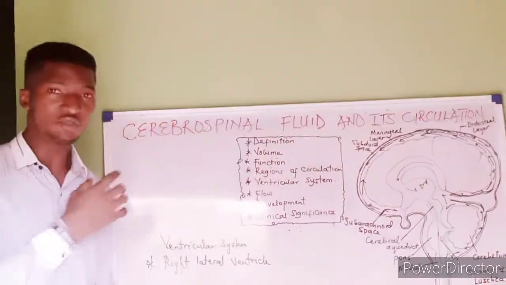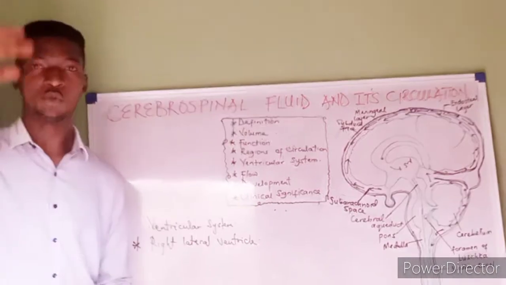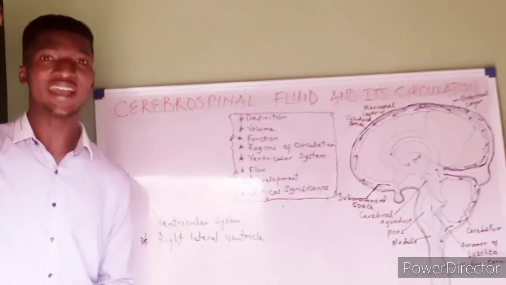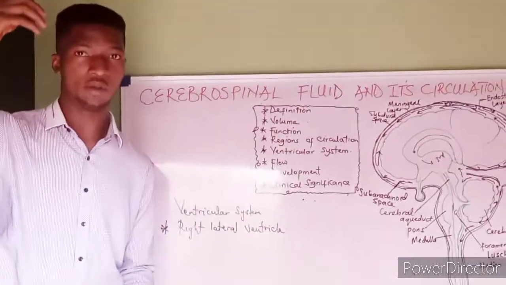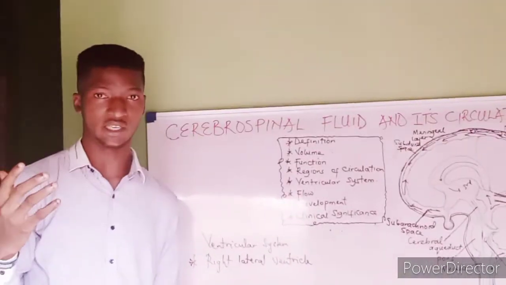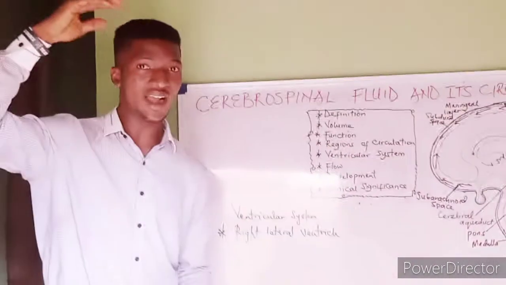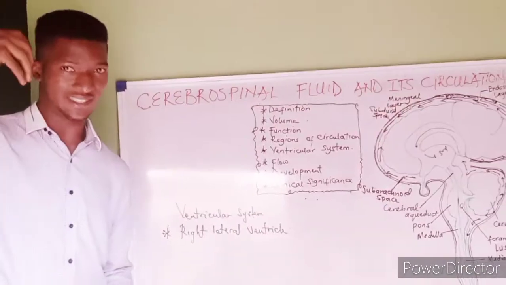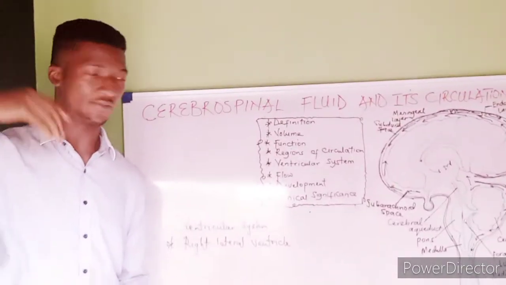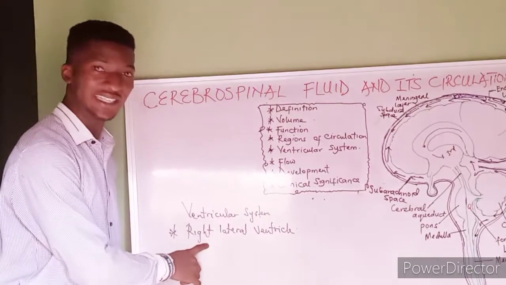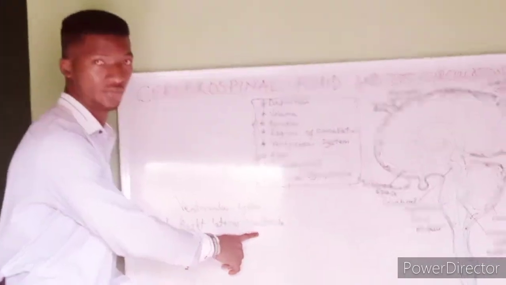Now, in this region, you get to know that we have two cerebral hemispheres that make up the cerebrum as a whole. On the right of the cerebrum, we have the right lateral ventricle.